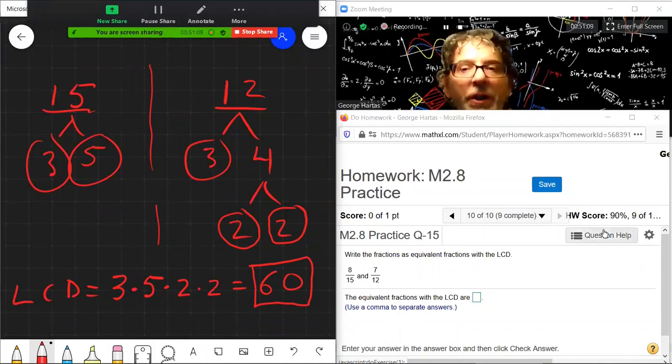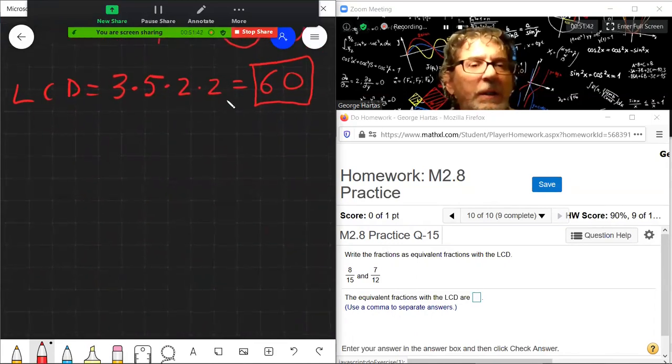Obviously, help will explain that, and I will explain that, but they don't want the LCD now. Really what they want here is the next step, which is to add and subtract fractions with different denominators. That is the gold standard. If you can do that, then you'll be good with fractions. And that's what this is, different denominators. All right, so step 1 is done. We have our LCD of 60. Now what?